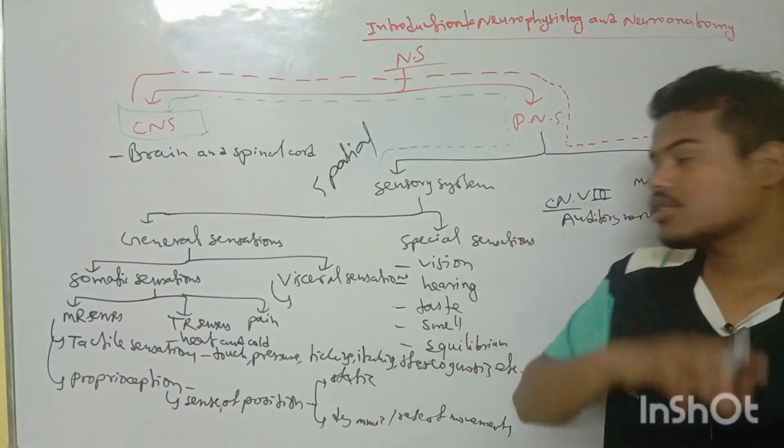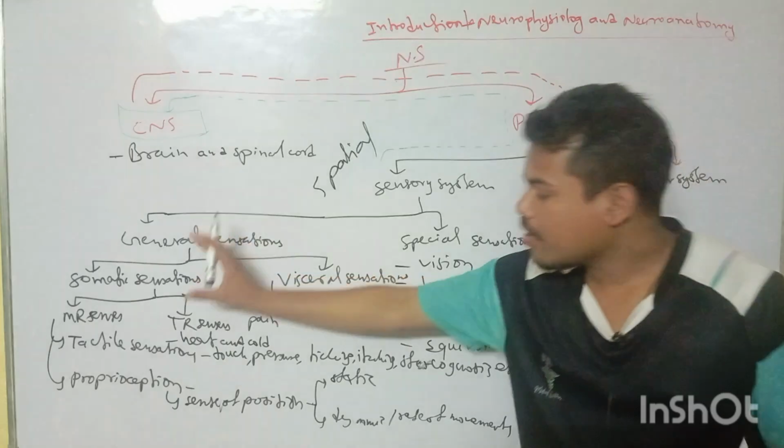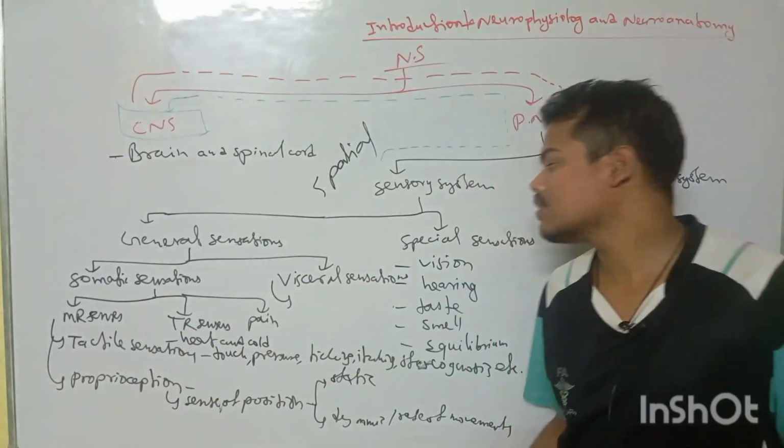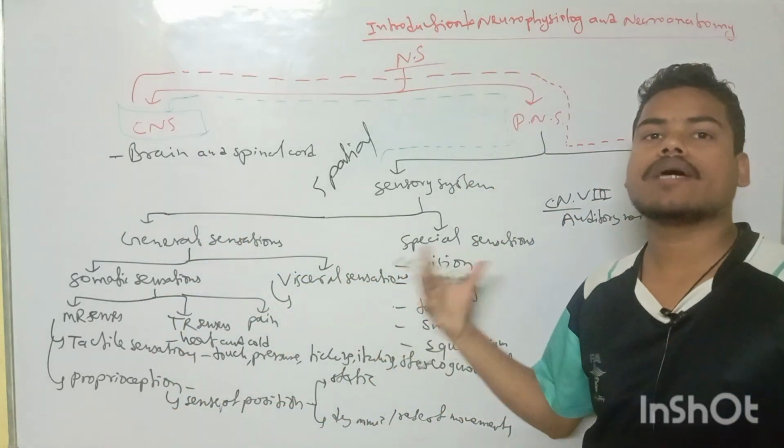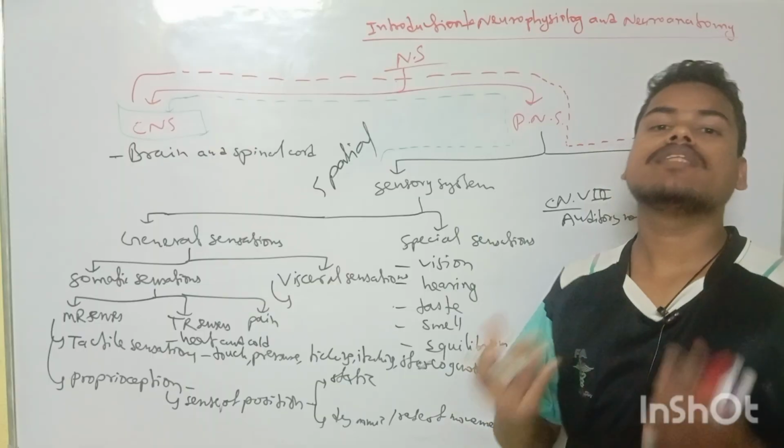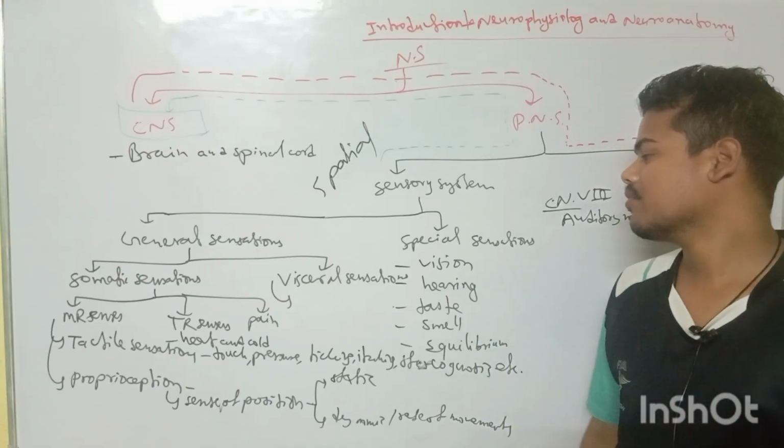Now the question will arise: we are aware of somatic sensations, but with visceral sensations, most of the time we are not aware. Why does this happen? Question goes to you.